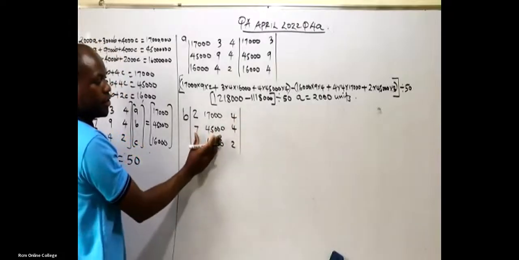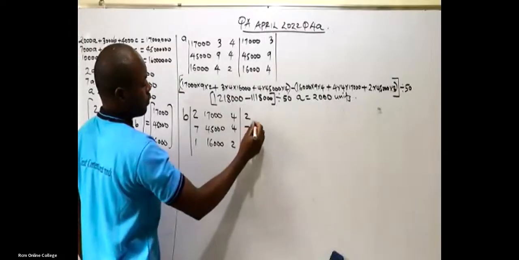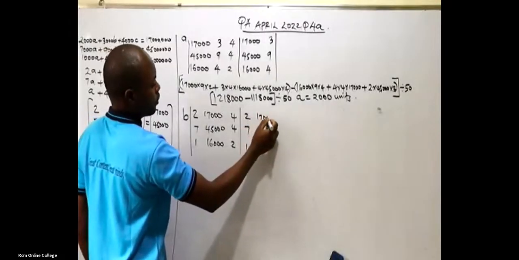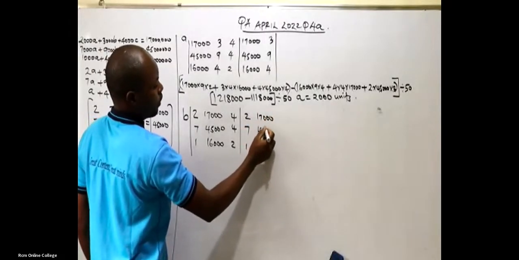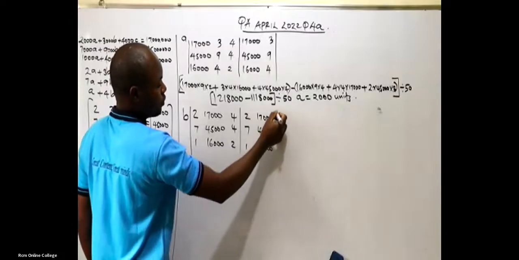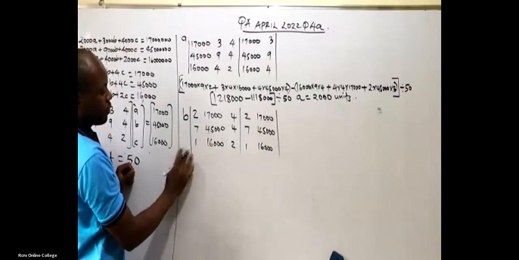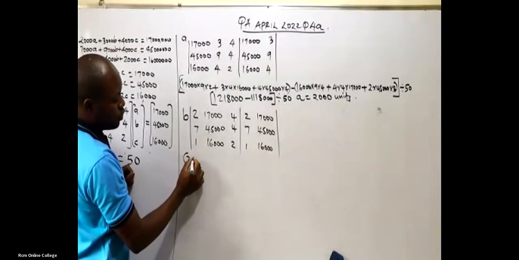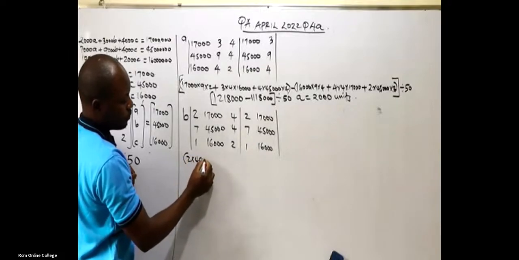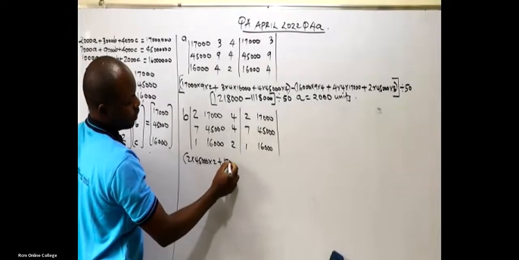Then we now have the first two columns, put them here, 271, 17,000, 45,000, 16,000. So 2, 4, 5 by 2. Two times 45,000 times 2 plus 17,000.